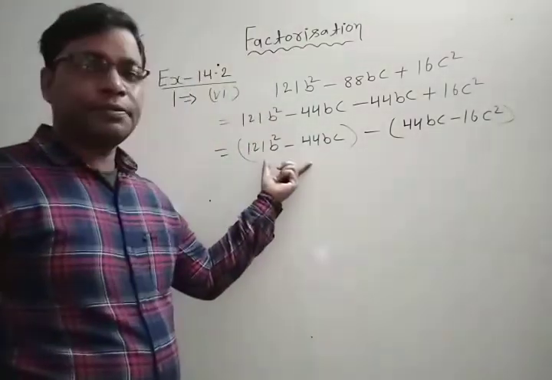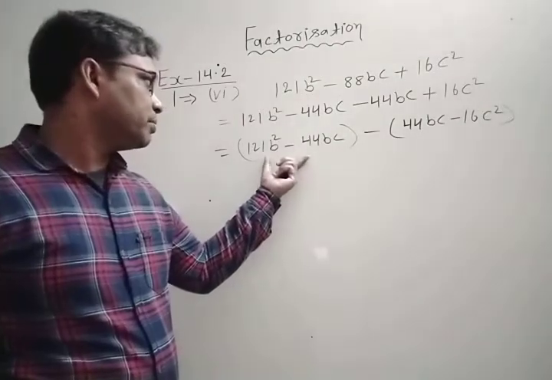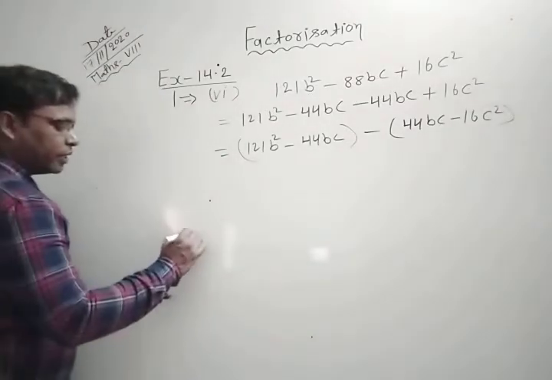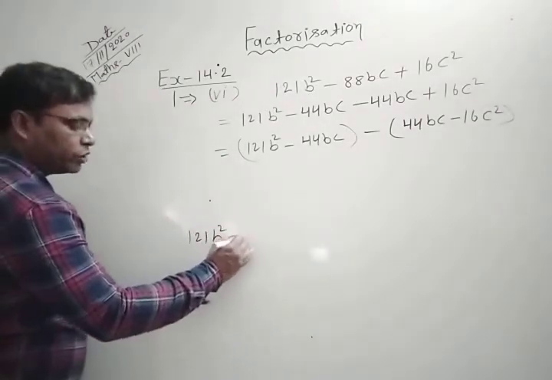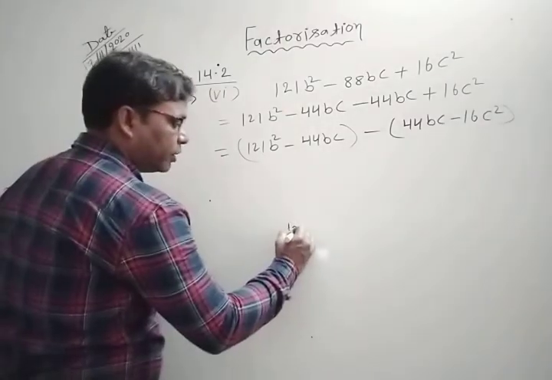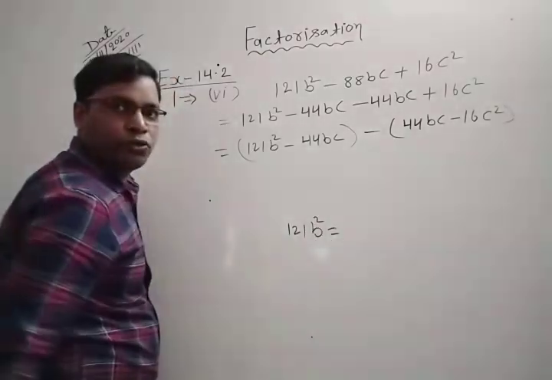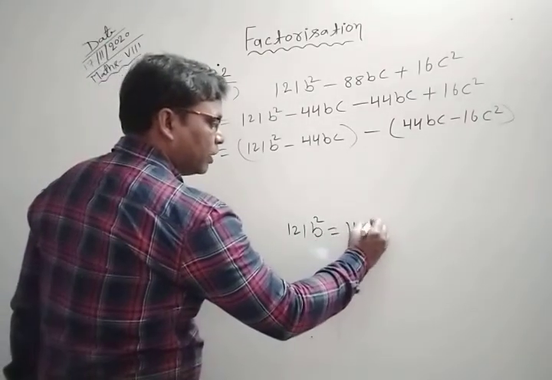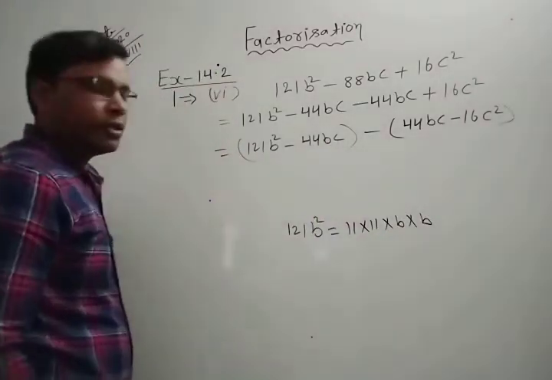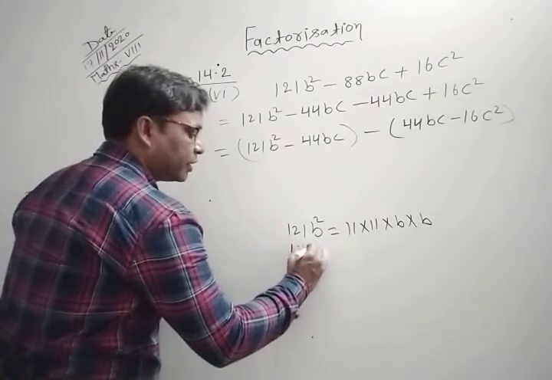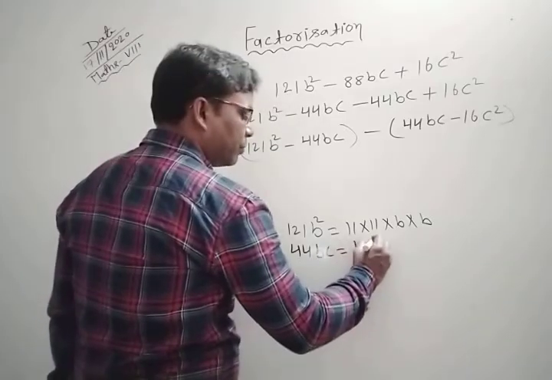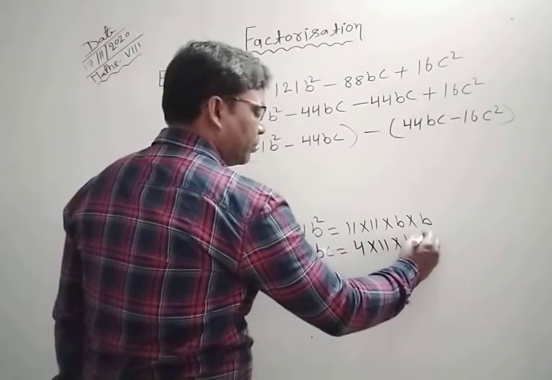So what is common in the first group? 121b square you can write as 11 into 11, and b square is b into b. And 44bc, as a product of irreducible factors, is 4 into 11 into b into c.